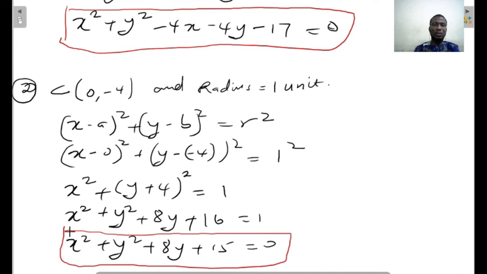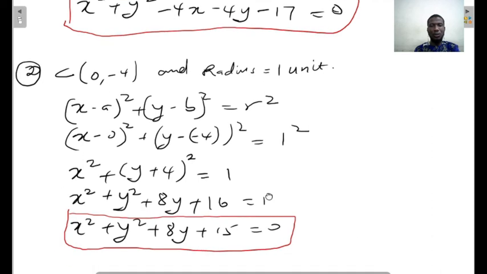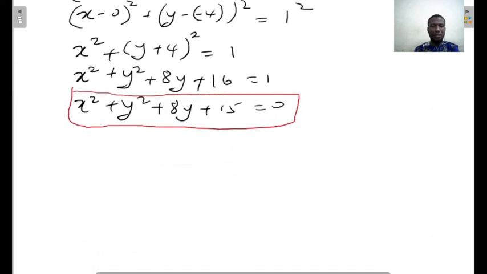I'll give you a third one which you should solve on your own. You pause the video, solve it and share the answer with me.